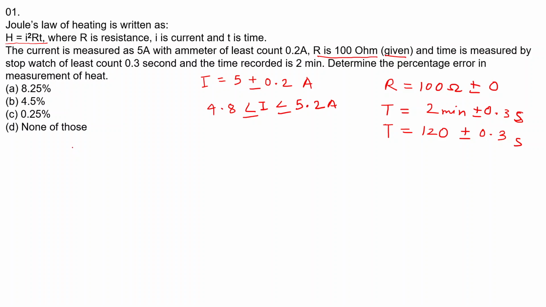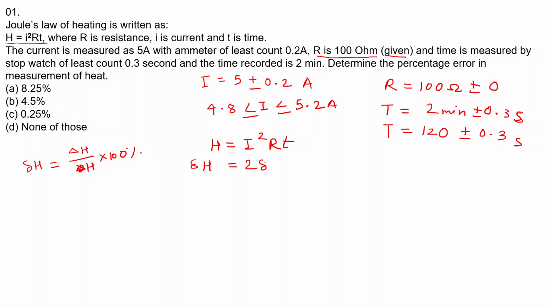So as I told, the percentage error in heat, I want to denote it with a small delta H as the percentage error. We know, and it is given in the question also, that this is the formula of dependence of heat on these parameters. That means the percentage error in H will be, we know the power will become multiplication, right?